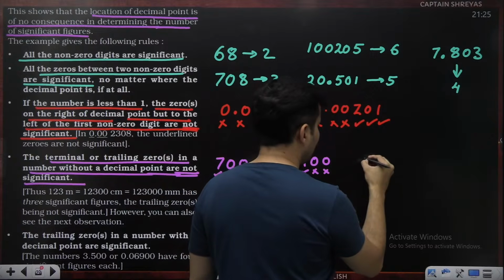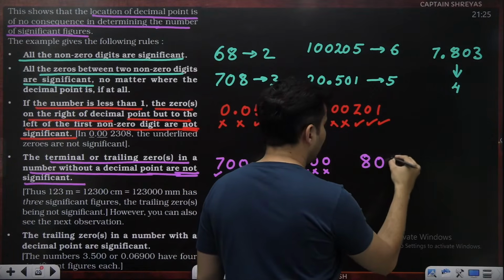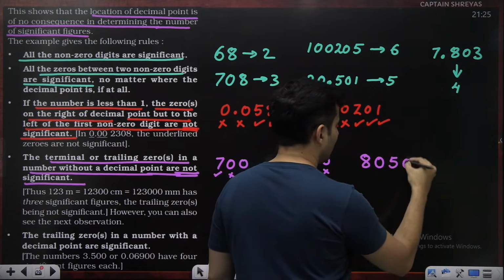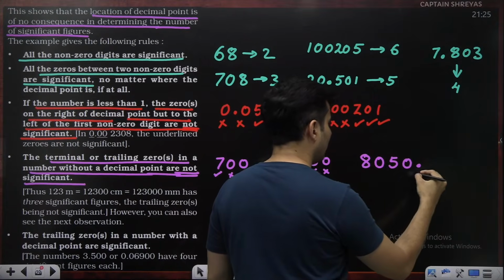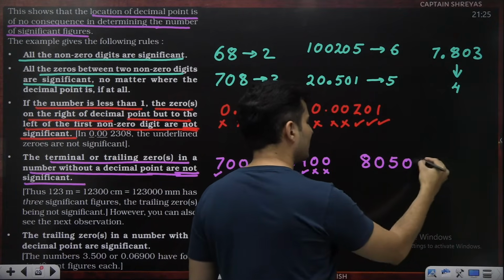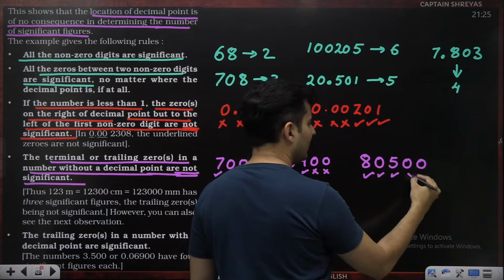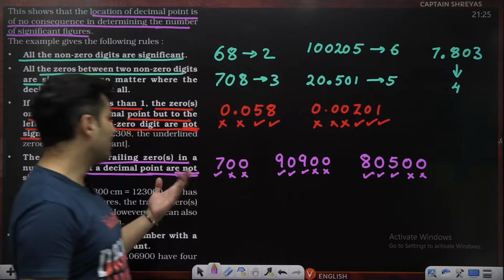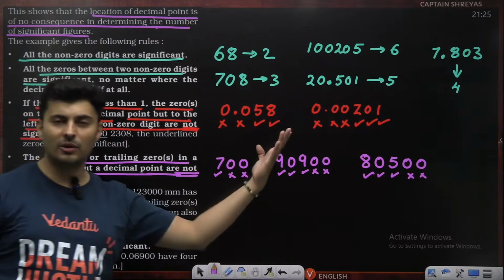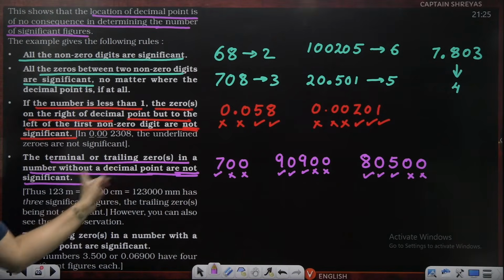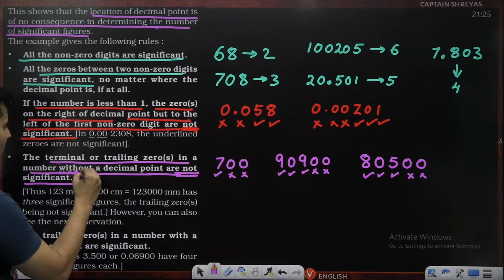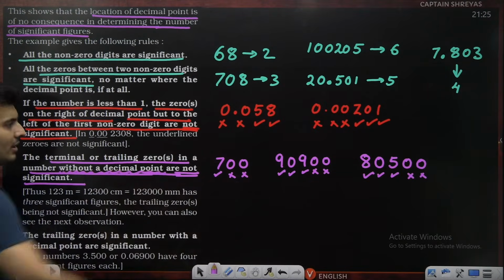Or let's say for example 8050, or maybe 8500: this is significant, this is significant, these two are not significant. That is what it says. Trailing means ending zeros, without a decimal point. This is very important. Without a decimal point, they are not significant.